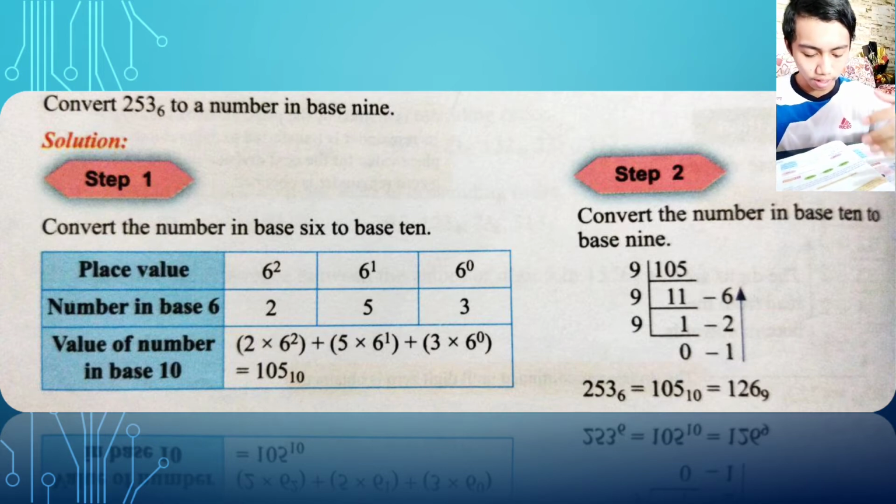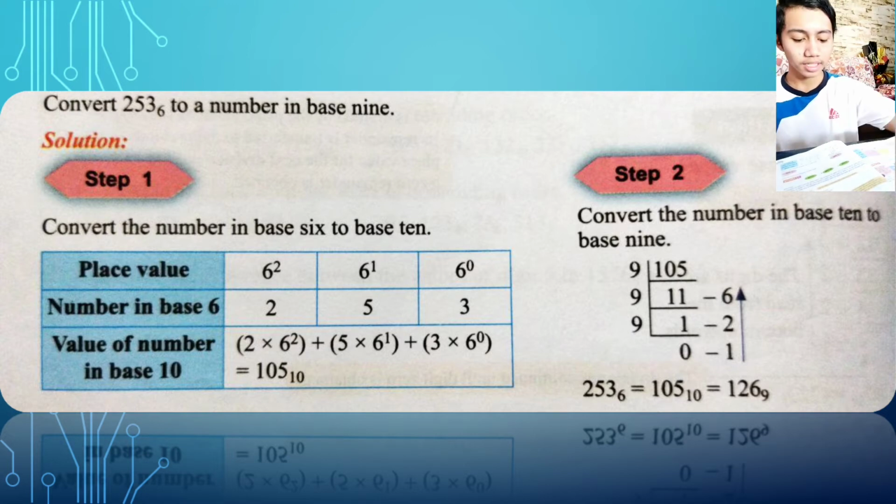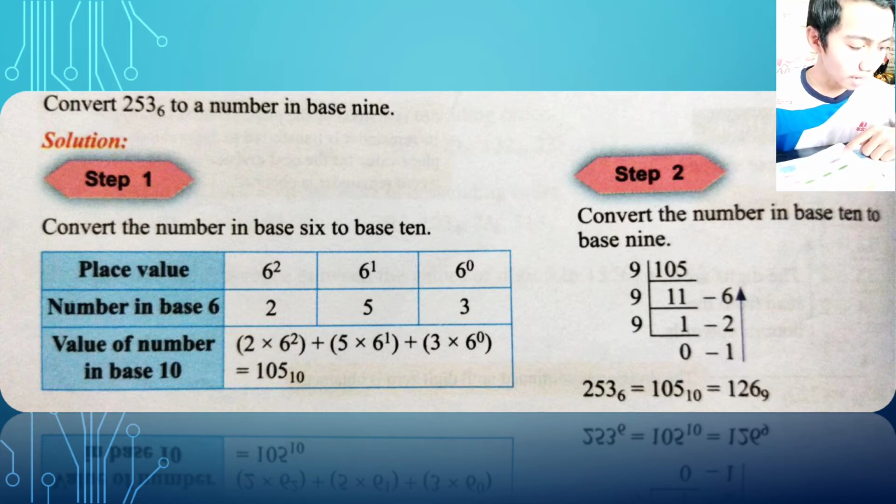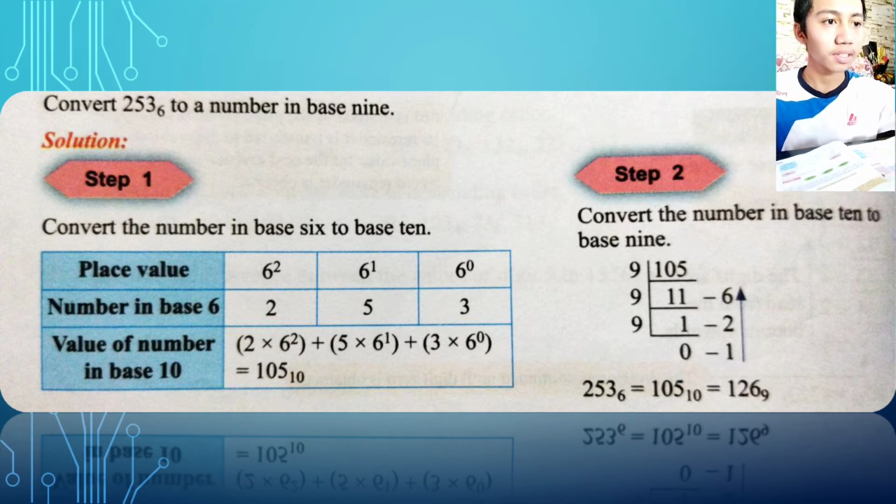So while we are converting base 10 to the base 9, we must divide the number in base 10 with number 9. So 105 divided with 9, we will get 11. So you can get to see that we have extra number, which is 6.